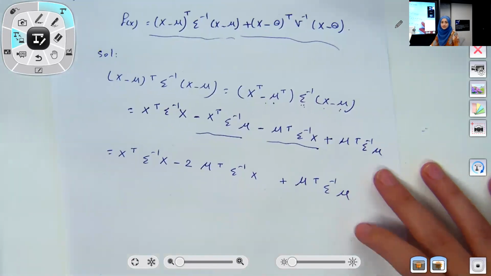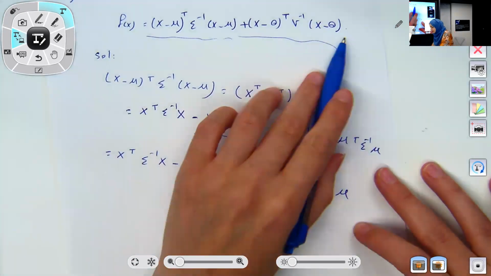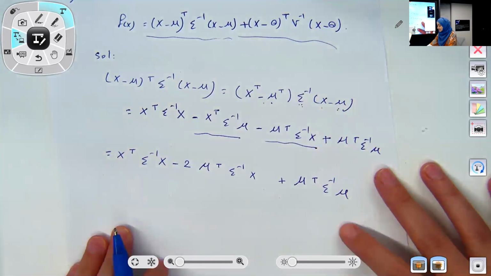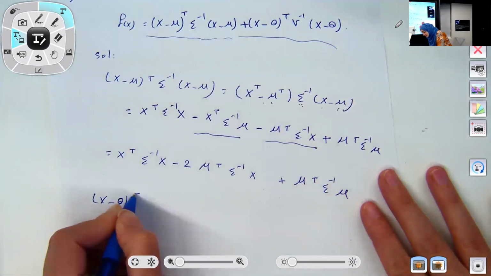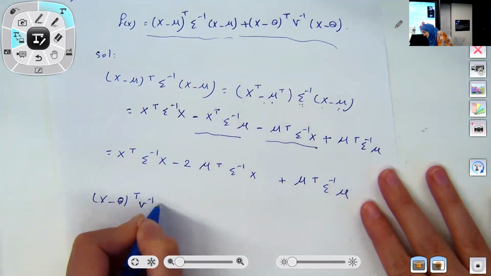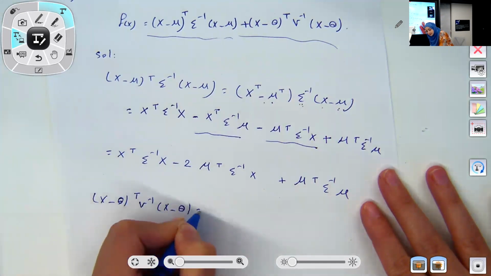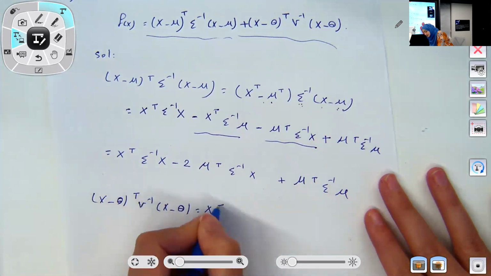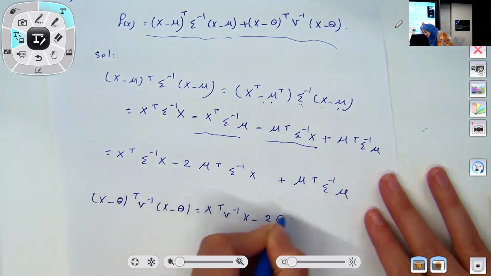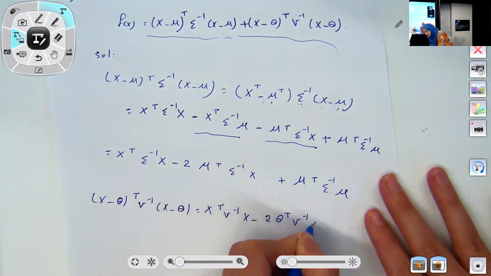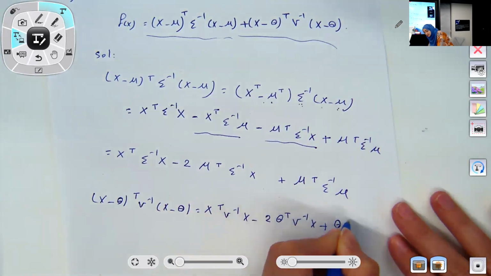We need to follow the same steps and expand the second part. If you expand the second part, you will get (x minus theta) transpose times V inverse times (x minus theta). This is equal to x transpose V inverse x minus 2 theta transpose V inverse x plus theta transpose V inverse theta.